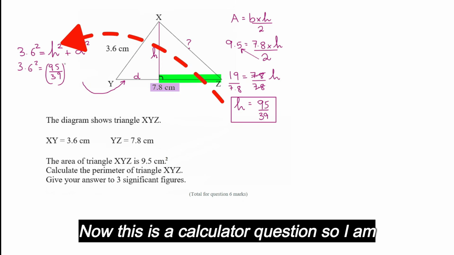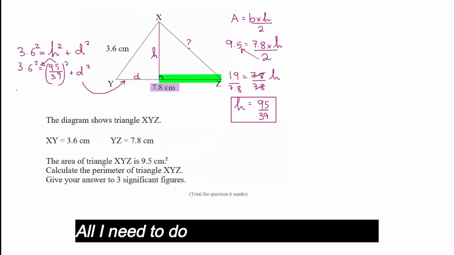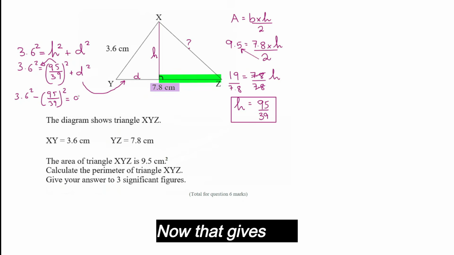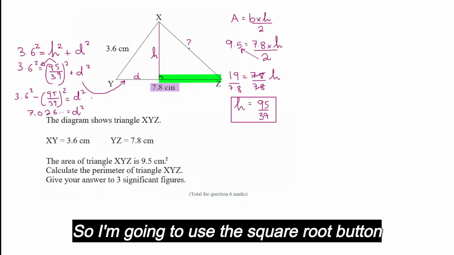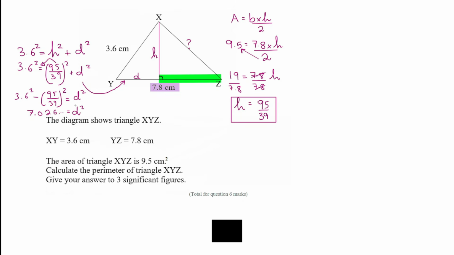Now this is a calculator question, so I'm not bothered about how to do this by hand. All I need to do is on my calculator punch 3.6 squared, take away open brackets 95 divided by 39, everything squared. Now that gives me d squared. So d squared is 7.02640, a long decimal like that. So I'm going to use the square root button to root it so I know what my d is.